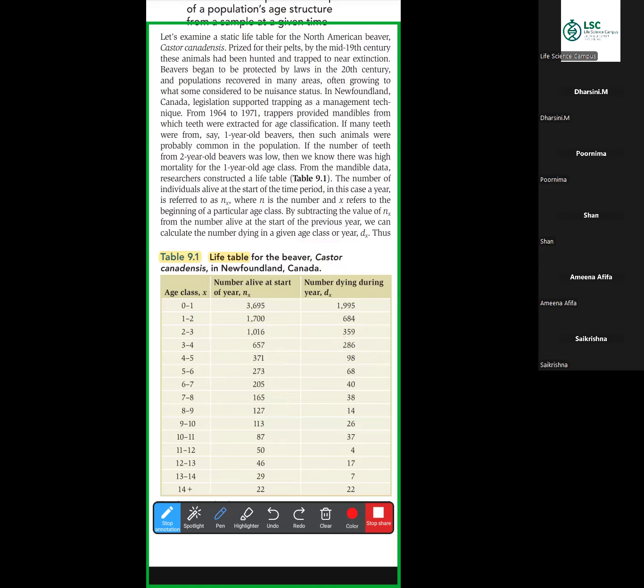Is it clear? Yes, ma'am. If you want to find out the number of dying individuals in the fifth age class, just subtract 273 from 371. Then you will get 98 as the answer. Is it okay? Yes, ma'am.